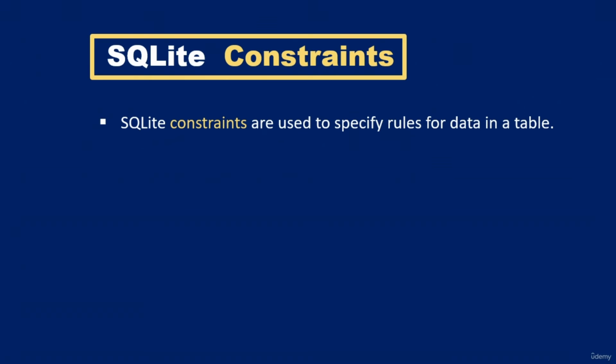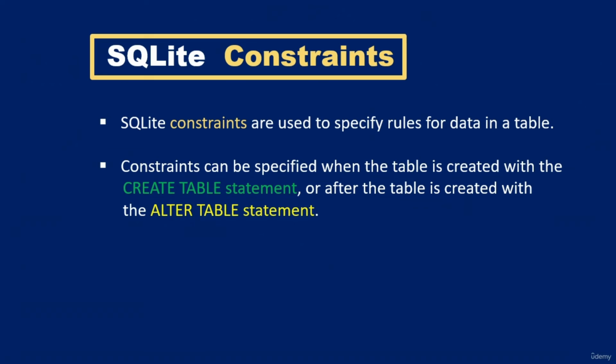Normally, you can create constraints when you create tables, with the create table statement. You can also apply a constraint after the table has been created using the alter table statement. So if you have a constraint that you did not apply when the table was created, you can apply it later using the alter table statement.